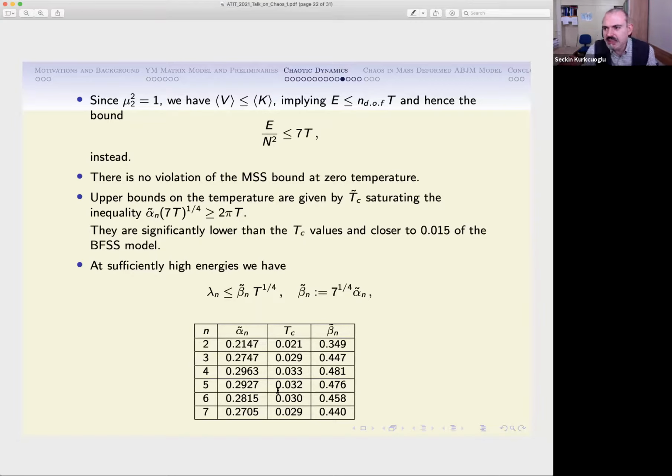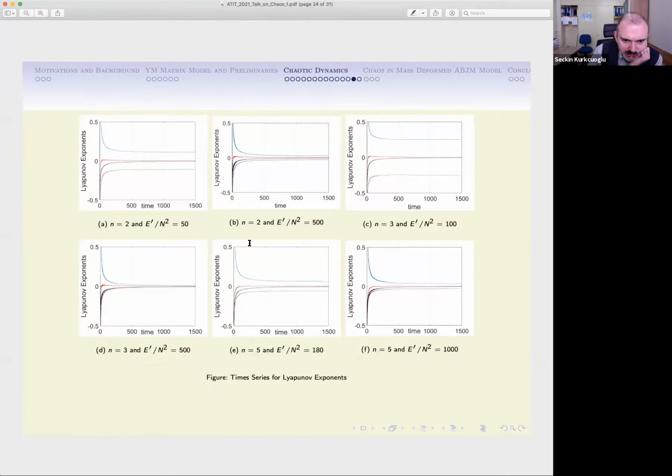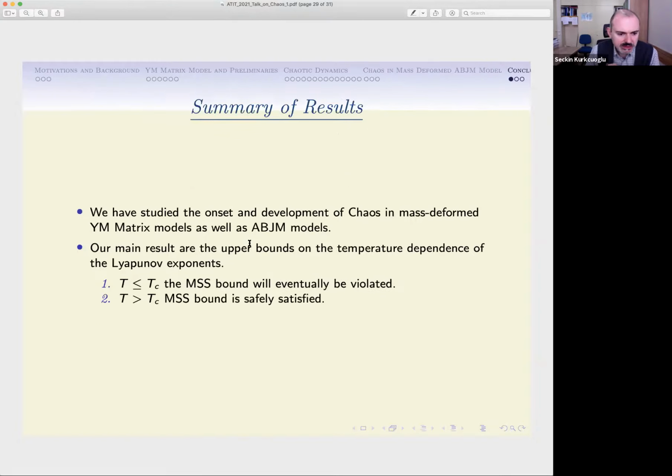But that is an exercise in some further detailed numerical analysis. Very well, let me not go into these.